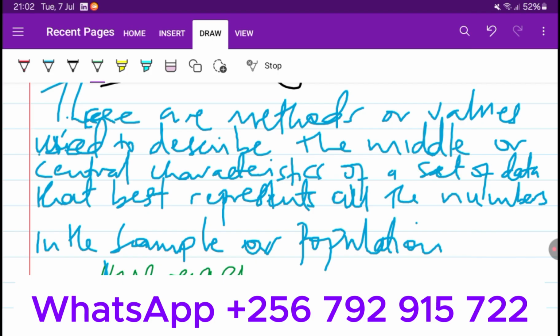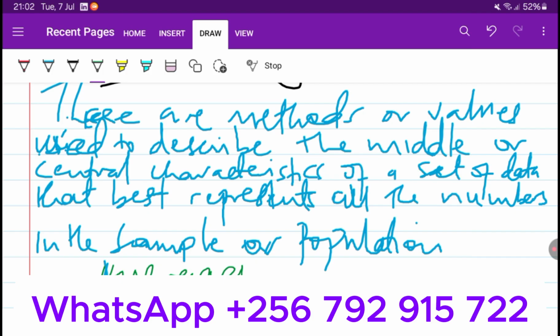So you get a single value, and this single value is going to help you compare data sets of different distributions. And of course, the measure of central tendency is very useful for describing the distribution in a very concise manner.